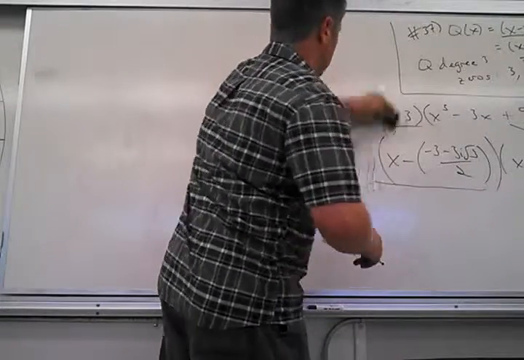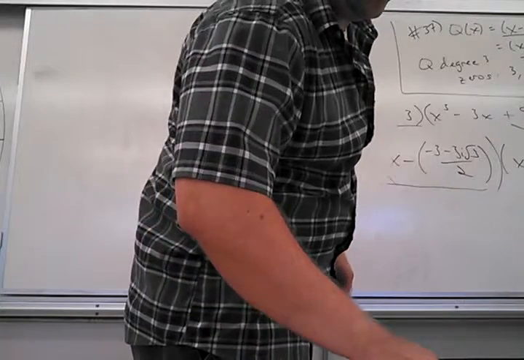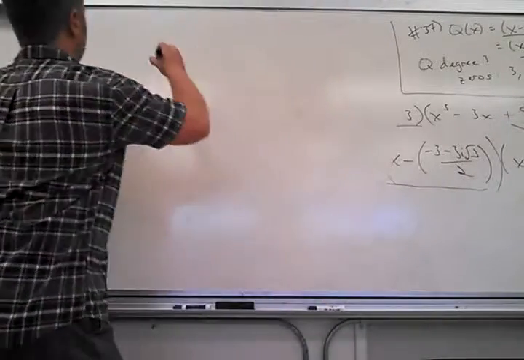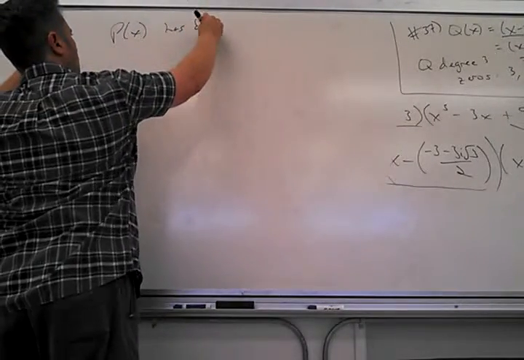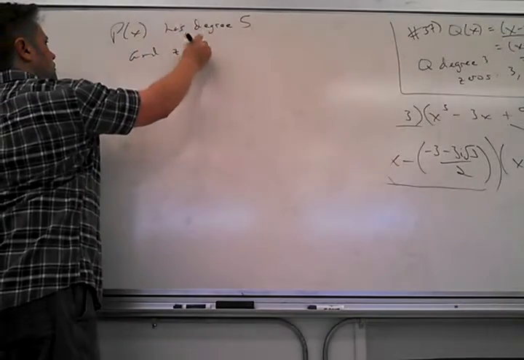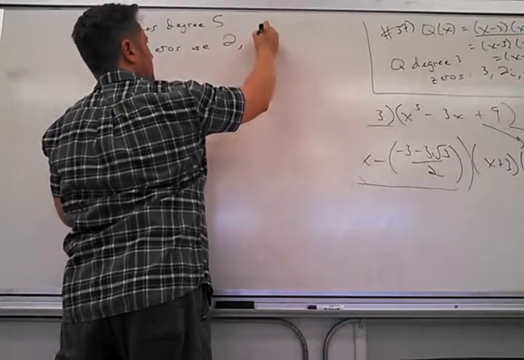So what if I said, let's see if they say this anywhere. What if I said p of x has degree 5, and the zeros are 2 and i.